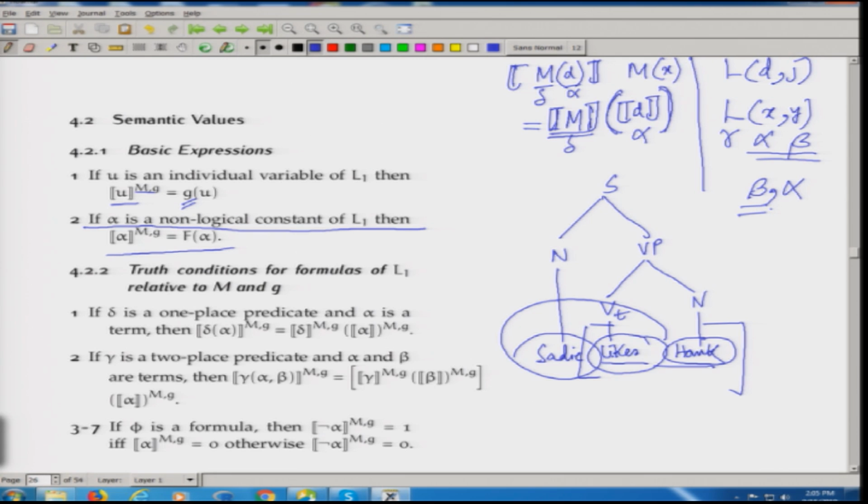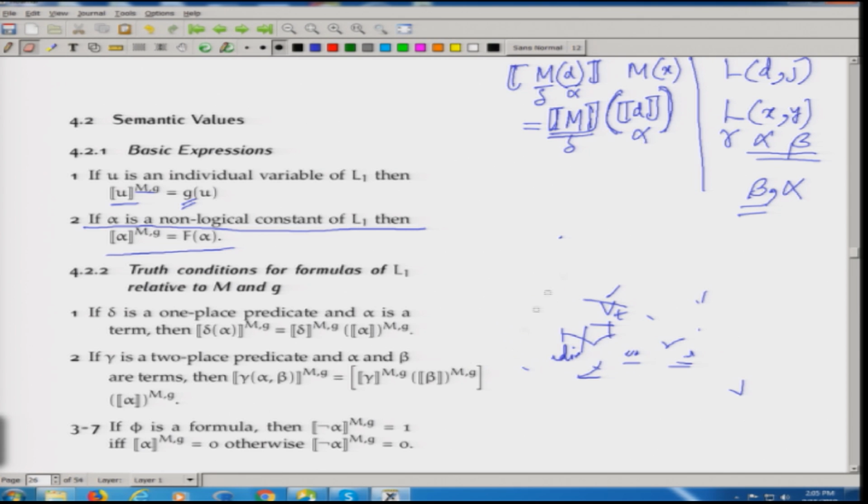So, likes will take the object of liking first, that is Hank, and then it will take the liker or the subject, that is Sadie in this case. We have to keep this in mind while talking about all these things. Anyway, once again we stick to this example and see what happens.